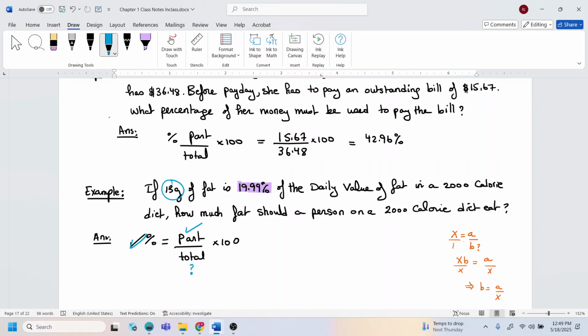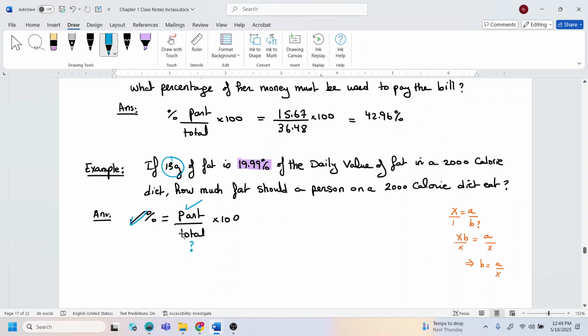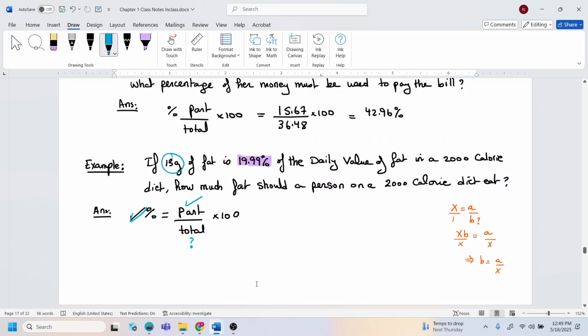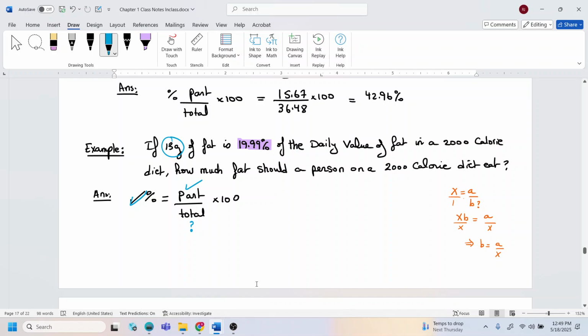So we need to rearrange this equation so that it reads as the total is equal to. Here is an example. If you have x equal to a divided by b, and you want to find b, what do you need to do? What I normally do is I cross multiply.